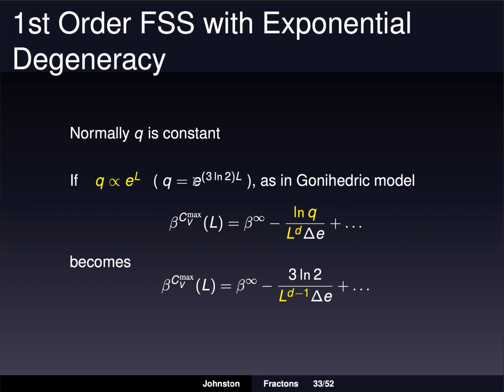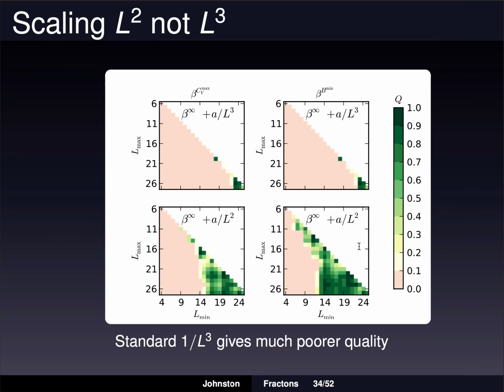And if we simply plug in the value that we have for Q, so it's 2 to the 3L, or e to the 3 ln 2 times L, the expression that we have for any first order phase transition becomes the one that's given second here. So instead of shifting by L to the D, our estimate of the phase transition temperature shifts as L to the D minus 1. So in a three-dimensional lattice, that's L squared.